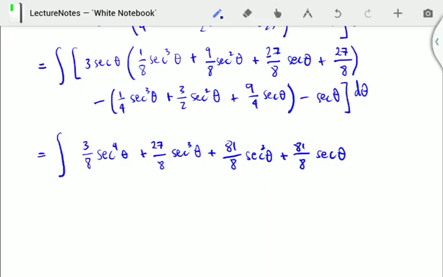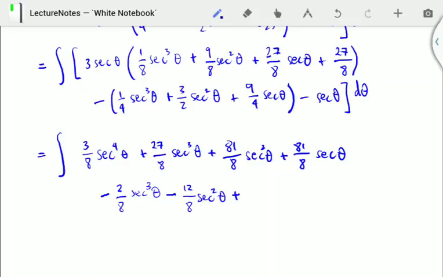And then minus, this is what I'm telling you about. I'll anticipate: since I have sec cube here, I have over 8 there, so your 1/4, I'll write as 2/8 sec cube theta. Then my 3/2 will combine with 81/8 here in sec squared. I'm distributing the minus sign, so that should be minus, and the 3/2 I'll write as 12/8 sec squared theta.